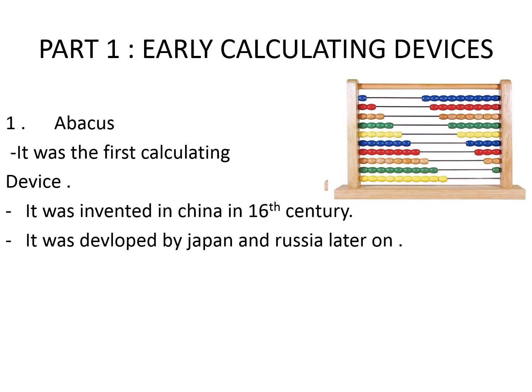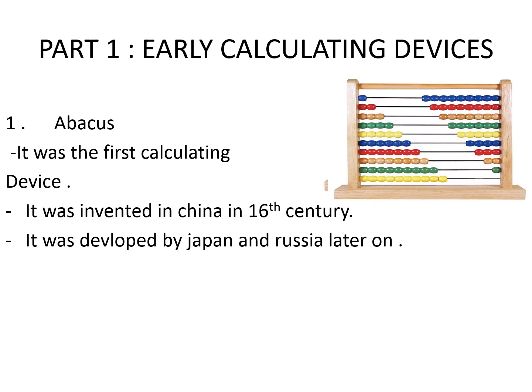That was long back. It was developed by Japan and Russia later on. First it was invented by China, then afterwards Japan and Russia made some changes in that abacus to make it more flexible and more errorless.